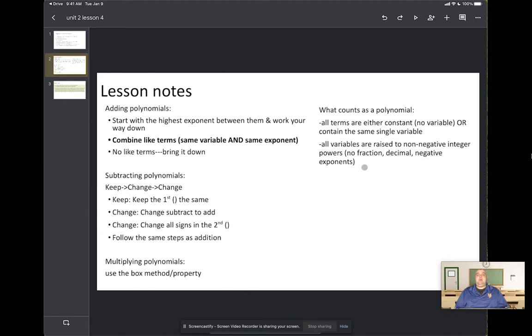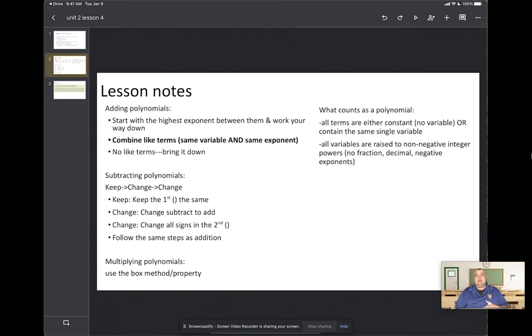If an expression contains any of that, it's a mathematical expression, but it's not a polynomial.